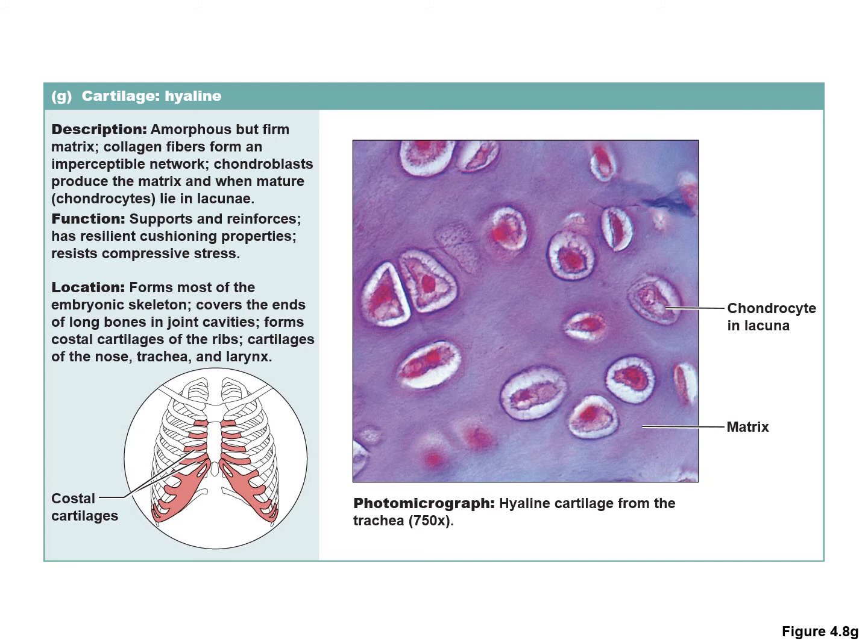Let me show you. Okay, so that's a matrix, right? That's our matrix. And these cells are chondrocytes. Because this matrix is pretty thick, pretty hard, it would be very difficult for these cells to stay alive surrounded by these hard substances.